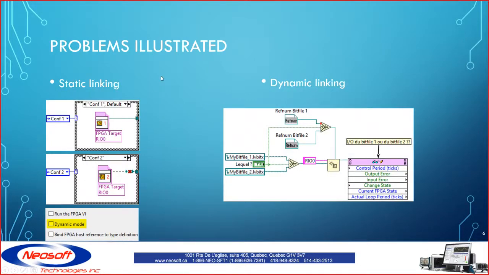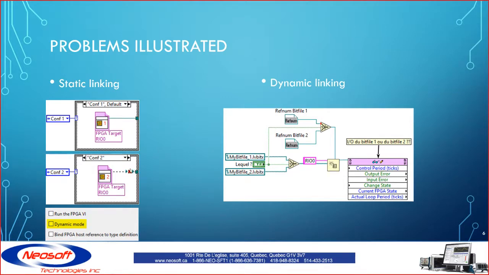So here I made a quick slide just to illustrate the problems that we have if we want to call bitfile with different prototypes. With static linking, if you have to handle several configurations, you may end up with a case structure like this, and as soon as you have a different prototype within your bitfile, you will have a problem when trying to wire the type def to the tunnel.